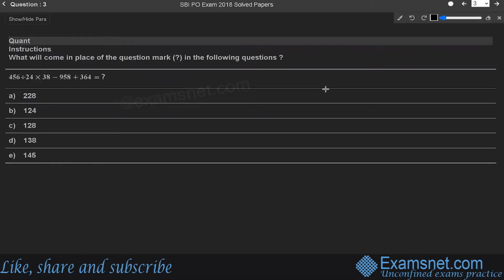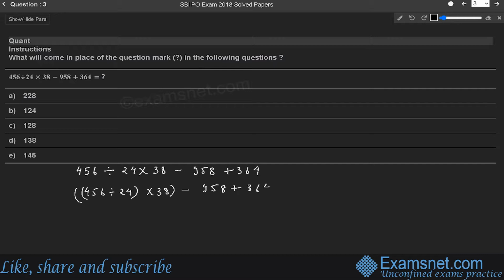Next question is 456 divided by 24 into 38 minus 958 plus 364 is equal to. Again, we have to use the BODMAS rule here. So it will be 456 divided by 24 into 38 minus 958 plus 364.